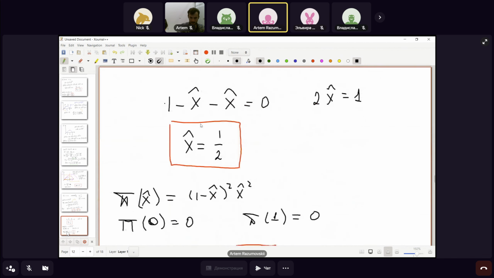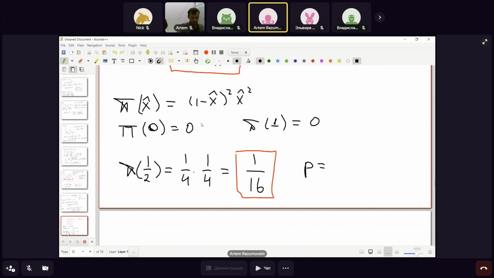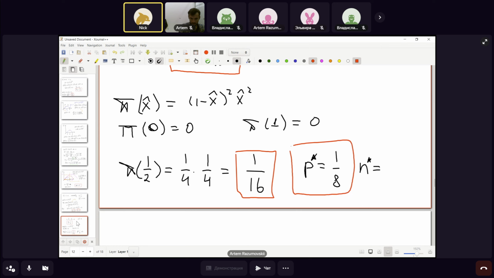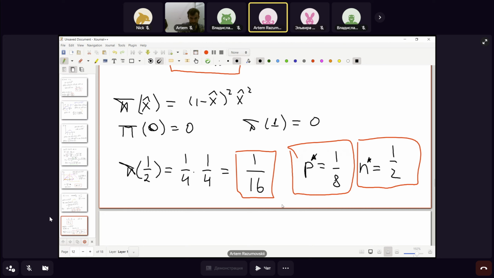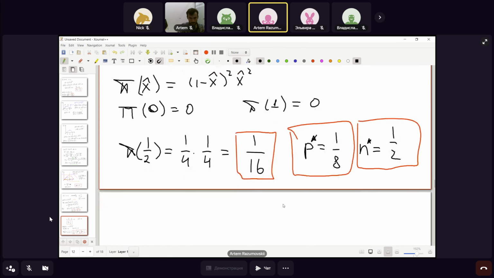And what is this? Like 1/8. Yes, 1 over 8. And what is n? One half. Yeah, n is 1/2. Great. So, well, we are done here. Any questions about the profit maximization?